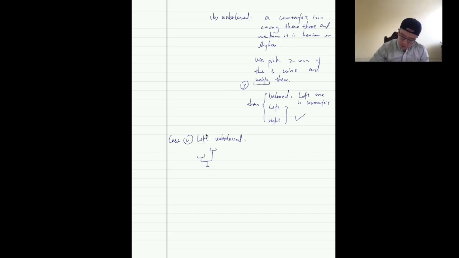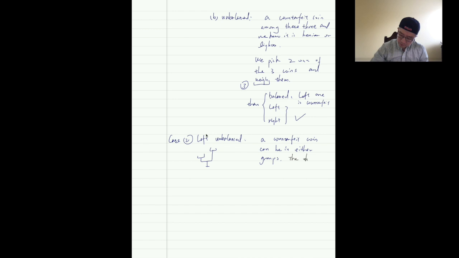So the counterfeit coin can be in either group, left or right. And we also know that the third group is regular.